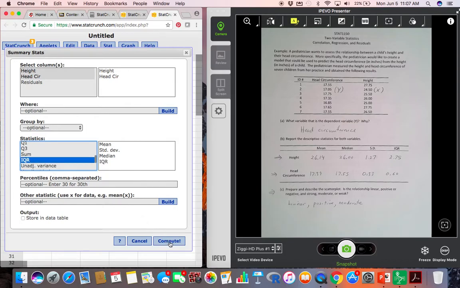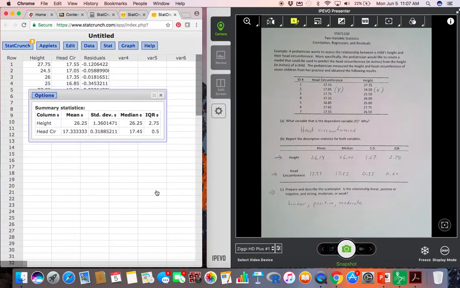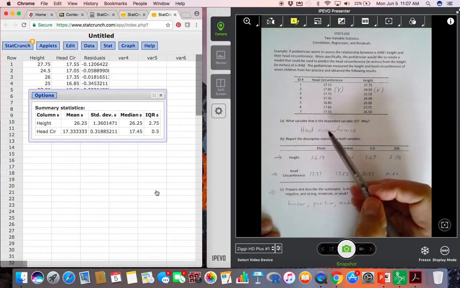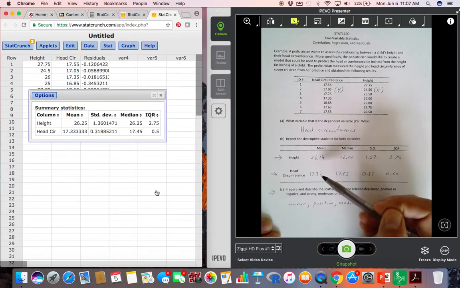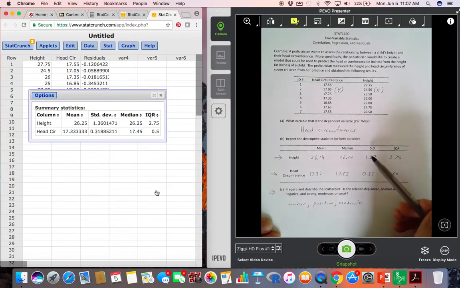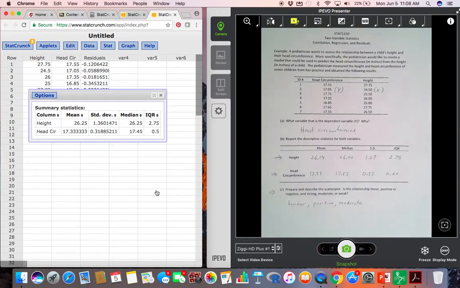I haven't done this yet, but I can almost guarantee it's going to change quite a bit. The height didn't change much. The mean of the head circumference actually didn't change much either. Standard deviation got a little larger. That surprises me. And these things didn't change a lot either.